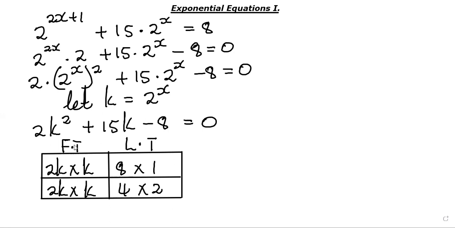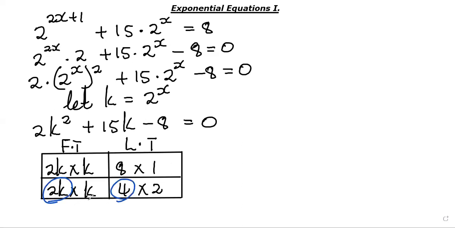If you say 2k times 8, you get 16k. And if you say k times 1, you get k. Can you see that 16k minus k, it's going to be 15k. So meaning the first combination of factors is ideal for us to use. But let's test the second combination.